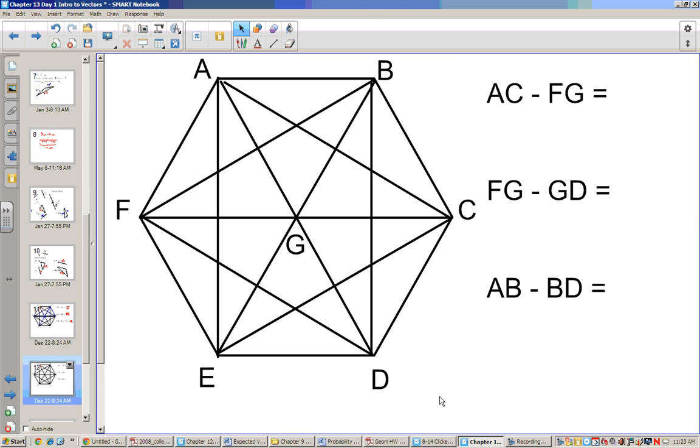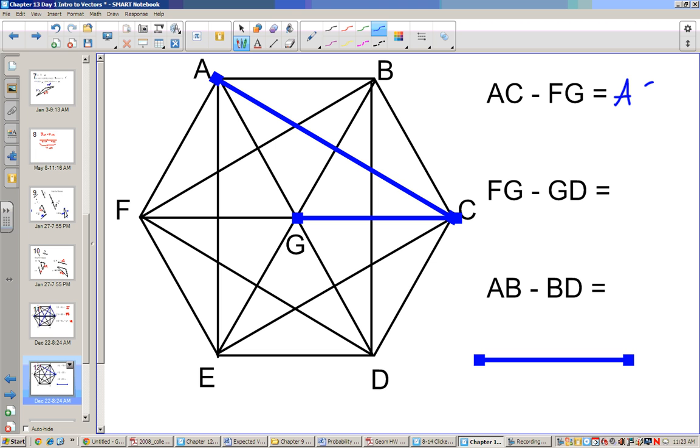Well, these ones are subtraction, so these might be more difficult. So let's take AC, and we're going to subtract FG. So FG is here. So instead of going this direction, we're going to go that direction. So it's going from here to there. So if I'm subtracting FG, it's like going from G to F. So AG is going to be my answer.